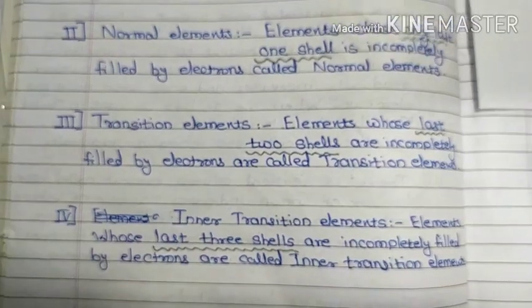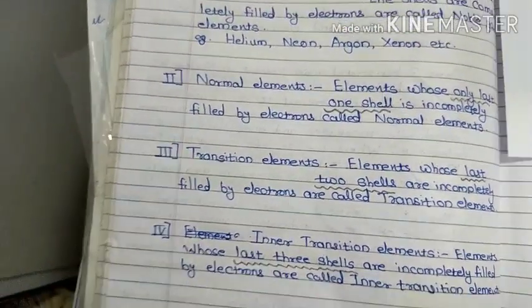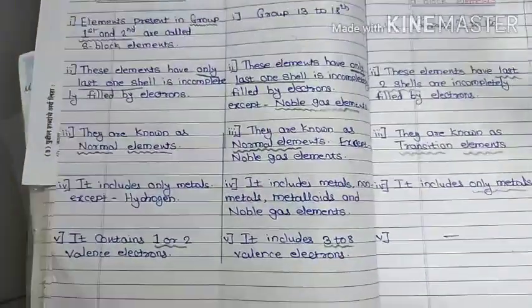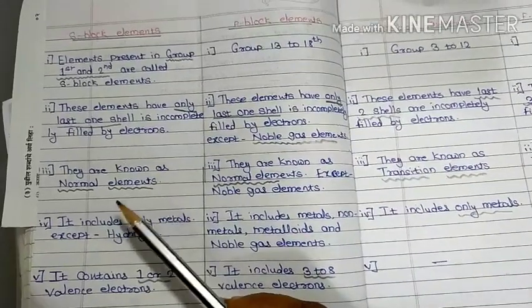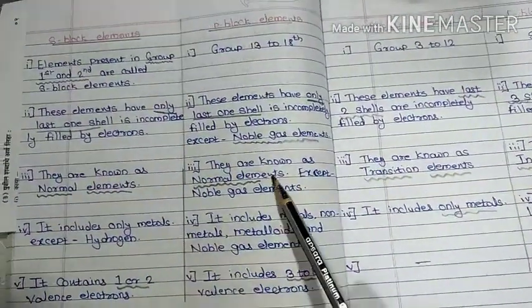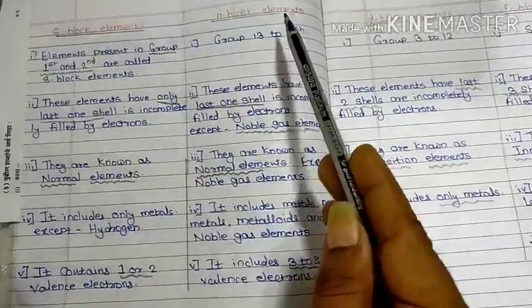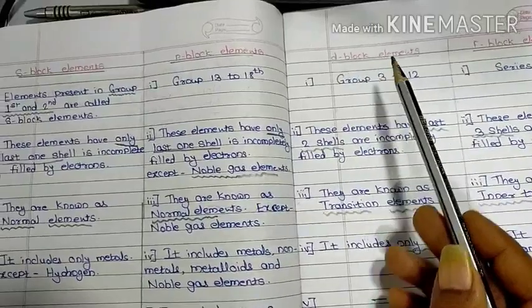Okay, but there are more details available in this table. You can see normal elements are seen in the S block as well as in the P block. Transition elements are seen only in the D block.